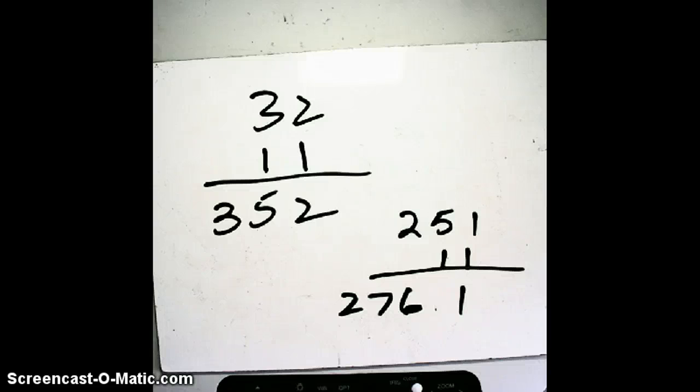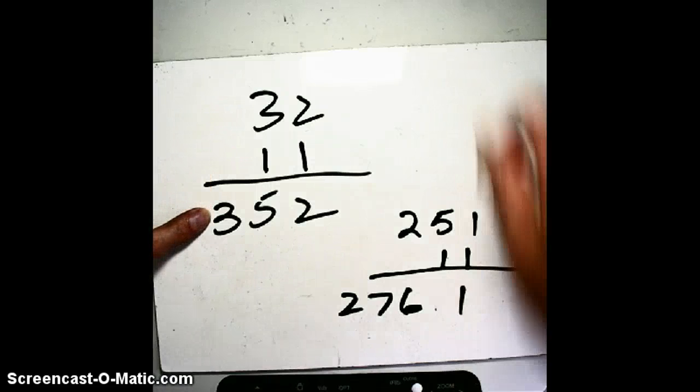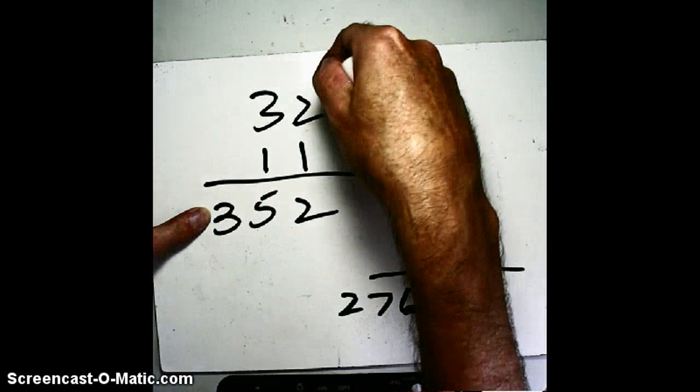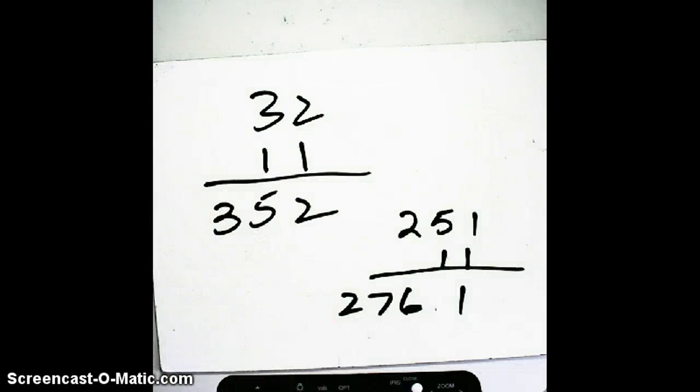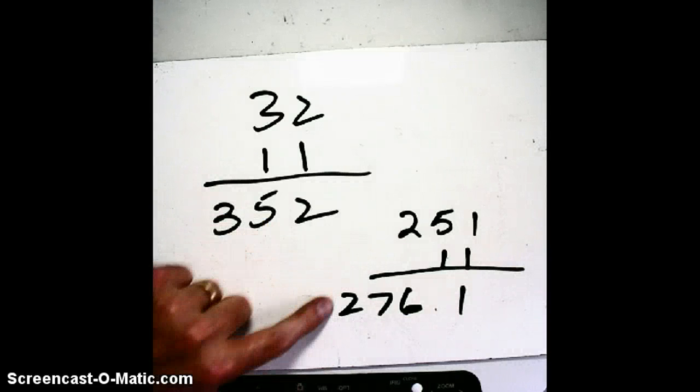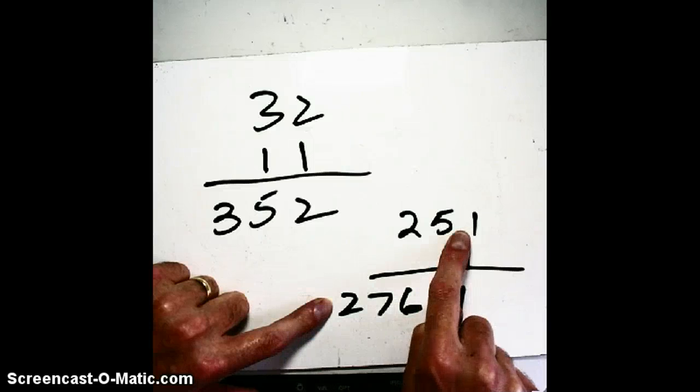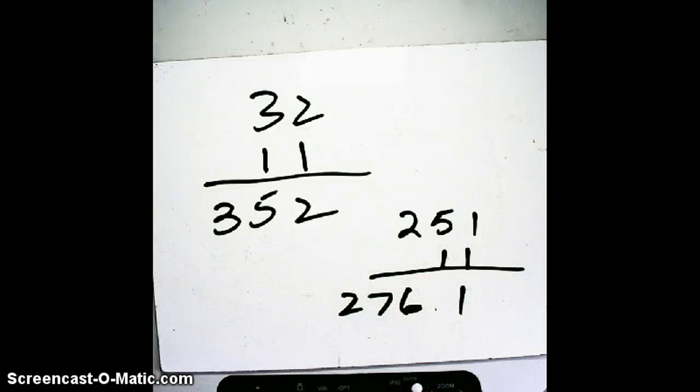Well, actually, there's a little trick I'm using, and here's how it goes. When you multiply by 11, copy your first number. Okay, see the 3? Then look, add the next 2 numbers together. That's a 5. And then copy the last number. See, I got that 352. Now notice how I did it over here with the bigger problem. So I copied the 2. I added these 2 together and got a 7. I added these 2 together and got a 6. And then I wrote the 1.